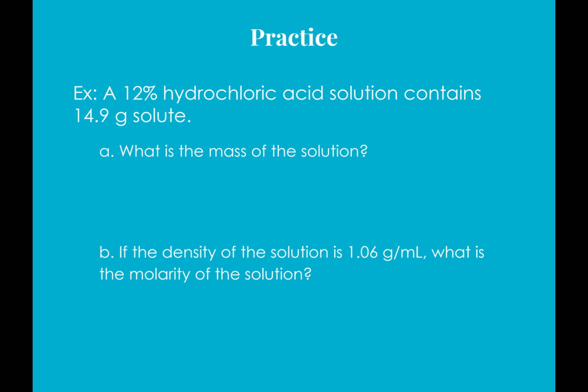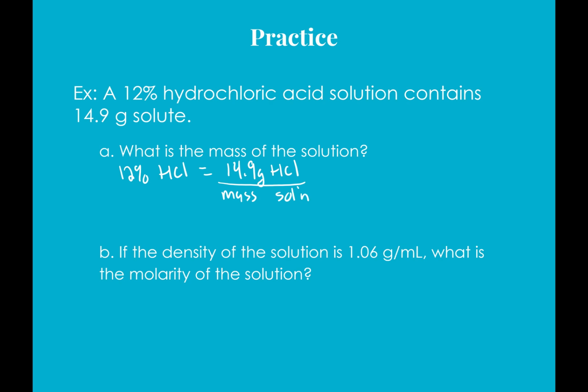So here we're told a 12% hydrochloric acid solution contains 14.9 grams of solute. So our first question here is what is the mass of the solution? So in this case we know it's a 12% by mass solution of hydrochloric acid. But now we know that it contains 14.9 grams of solute, which is our hydrochloric acid, and we're looking for the mass of this entire solution.